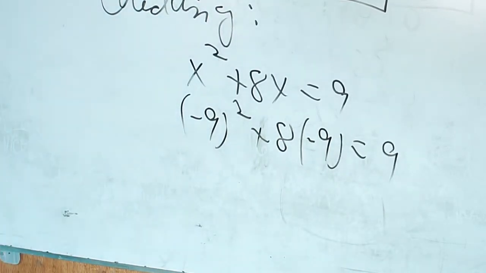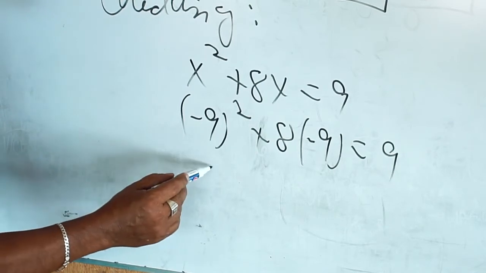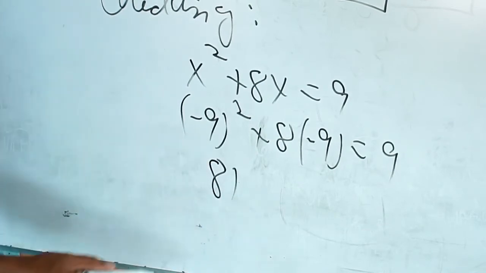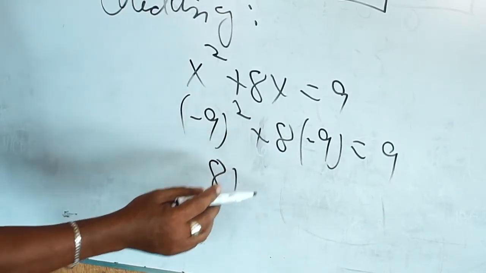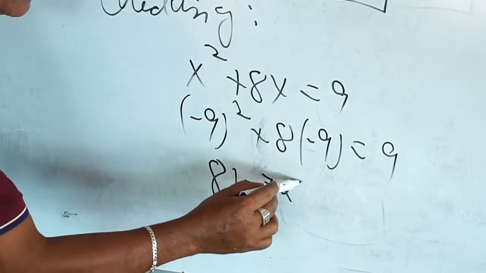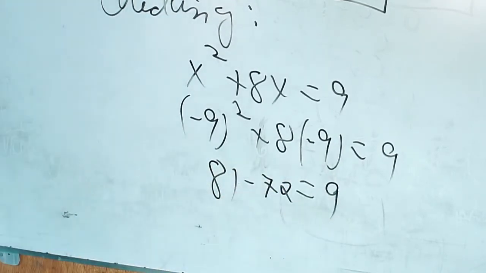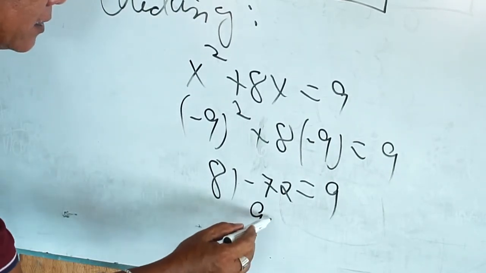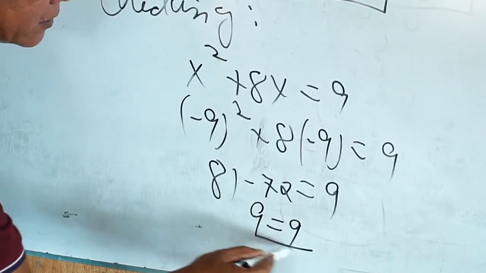The square of negative 9 is positive 81. Then 8 times negative 9 is negative 72, equals 9. Then 81 minus 72 is 9, which equals 9.